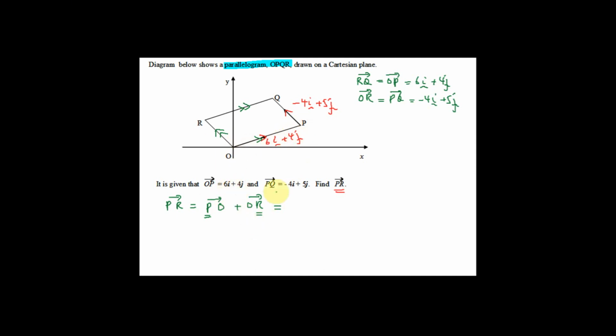OP is 6i plus 4j, so PO is negative of OP, becomes negative 6i minus 4j plus OR. So OR, because this is a parallelogram, OR equal to PQ, which is negative 4i plus 5j. Therefore, your answer for PR equal to negative 6i minus 4i, you got negative 10i, minus 4j plus 5j, you have positive j.